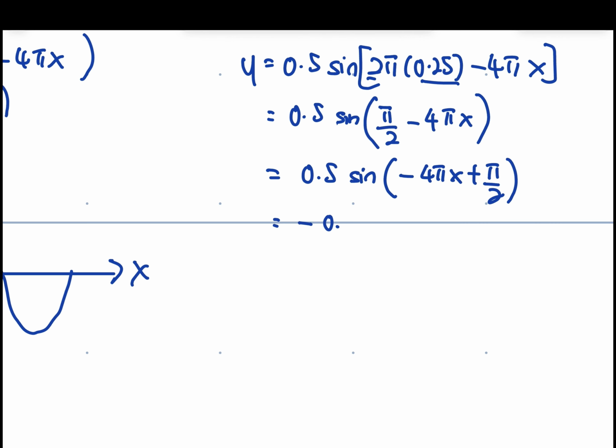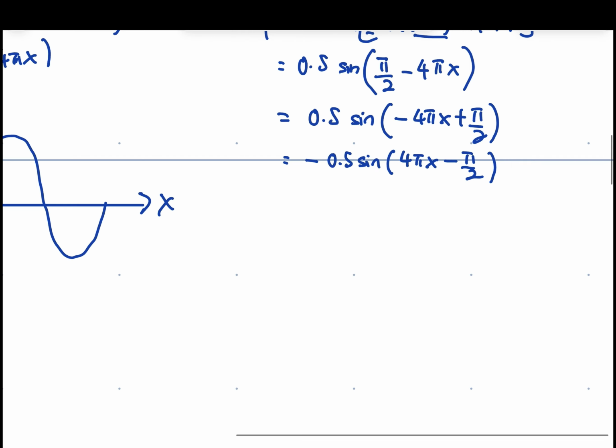So we end up with 0.5 sin(4πx − π/2). Why? If you expand the negative back into the equation, you will get back the positive, the same thing. Now this is the equation that I will sketch my graph from.